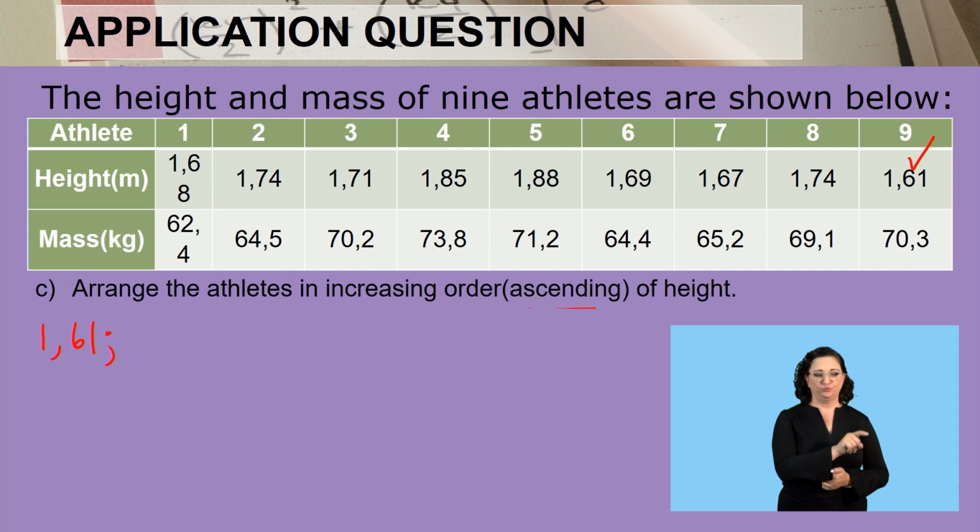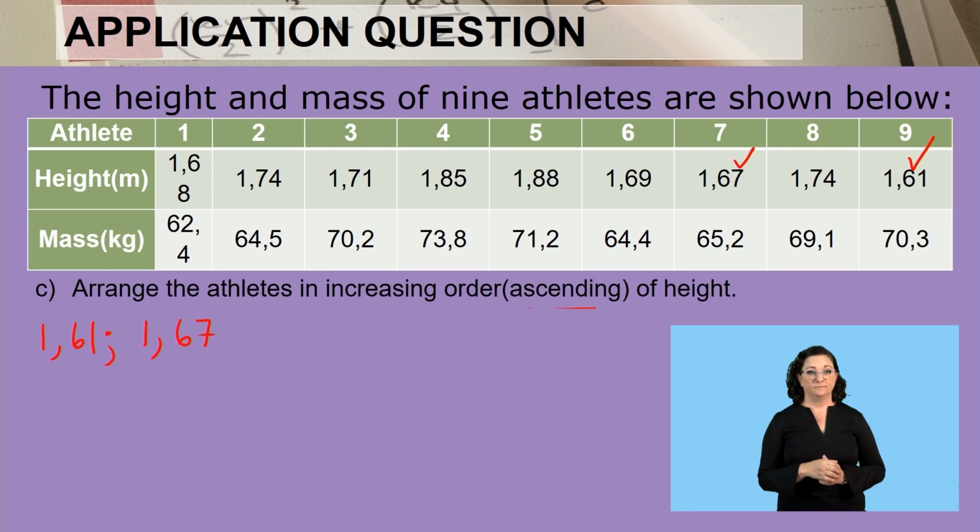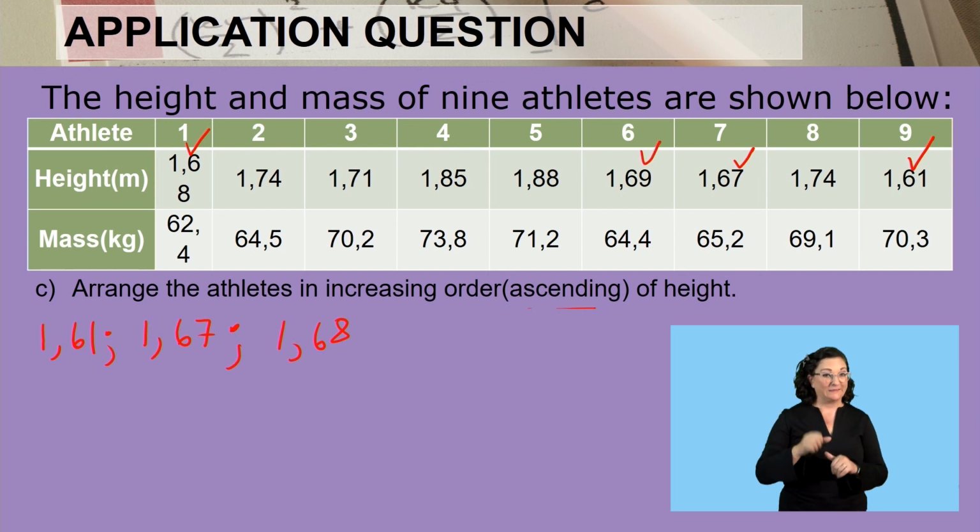Then we move to the next one. And the next one would be athlete number, you've guessed it correct, 7 with 1.67. The next one would be athlete number, correct, 1 with 1.68, followed by, I can hear you there at home saying athlete 6 would be the next one. And this is 1.69.